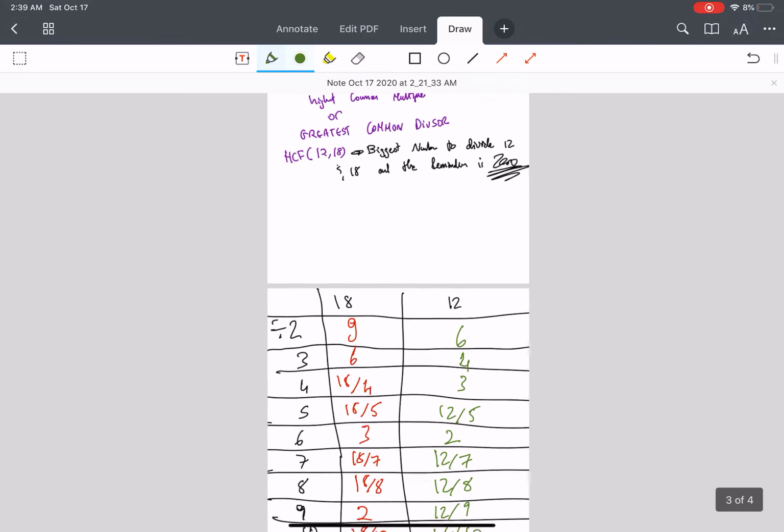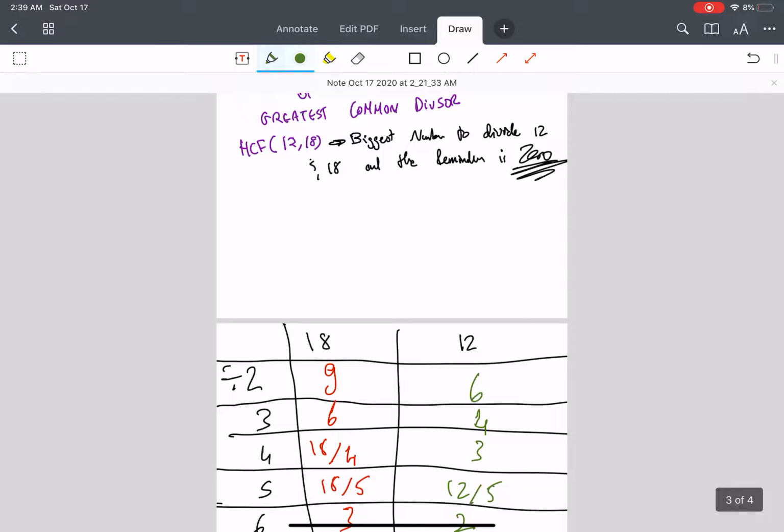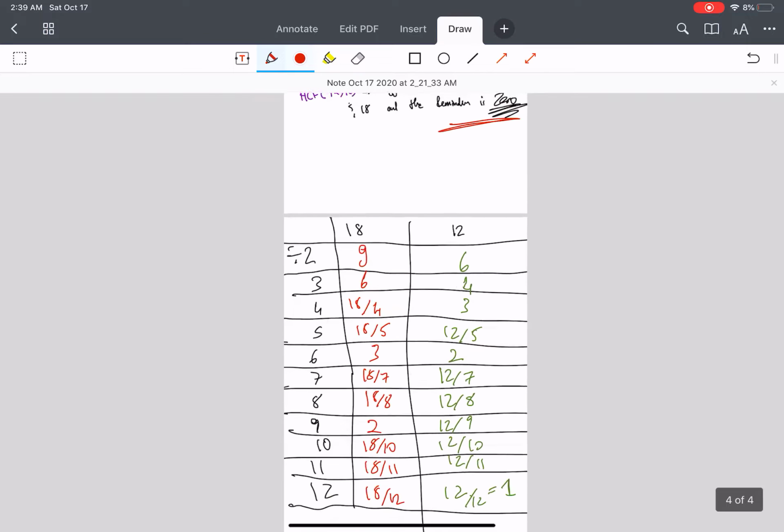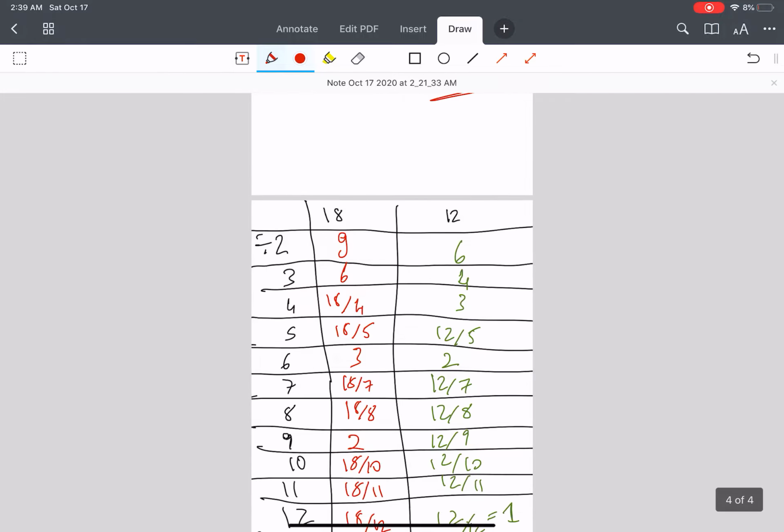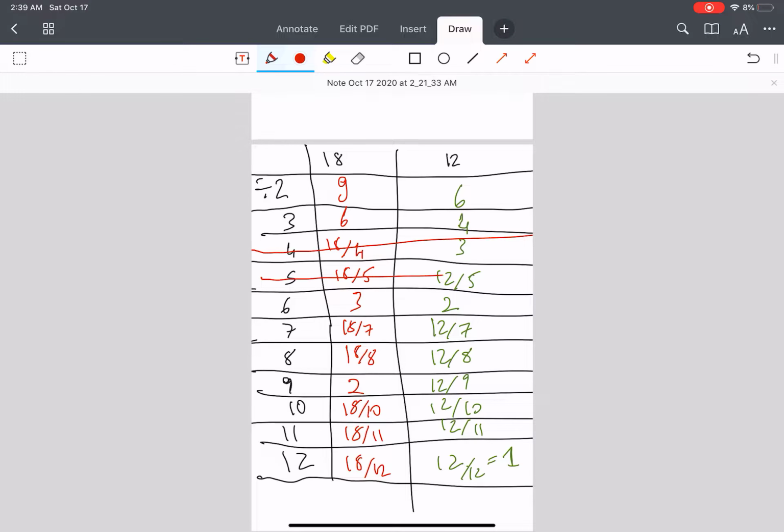So let's go back to the definition. The biggest number to divide 12 and 18 with remainder 0. So anything that doesn't have a remainder of 0, let's remove all the fractions. Remove this, remove this, remove this, remove this. Also remove this because it's a fraction.